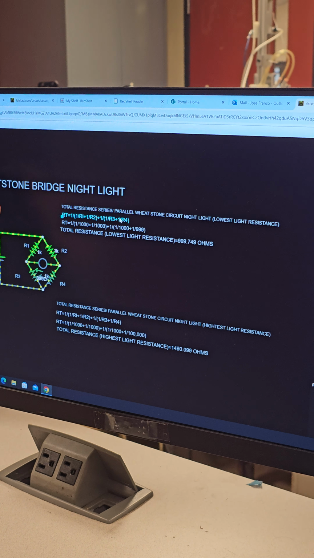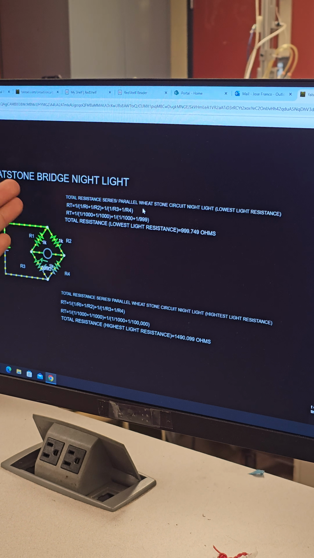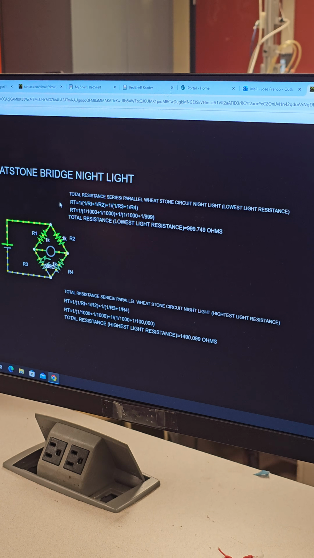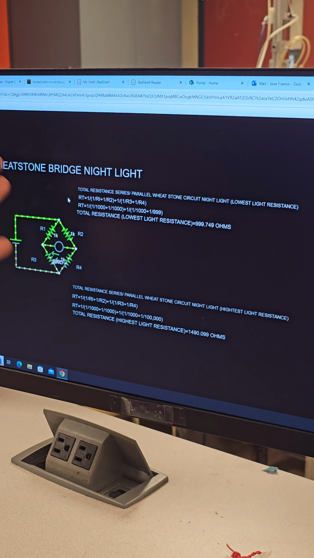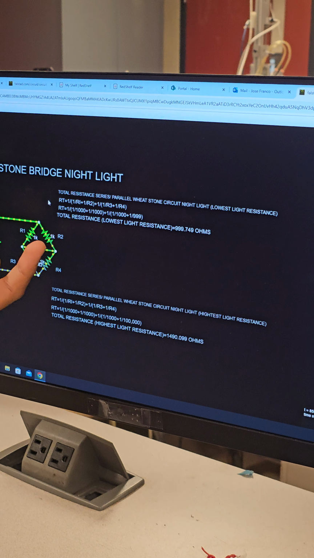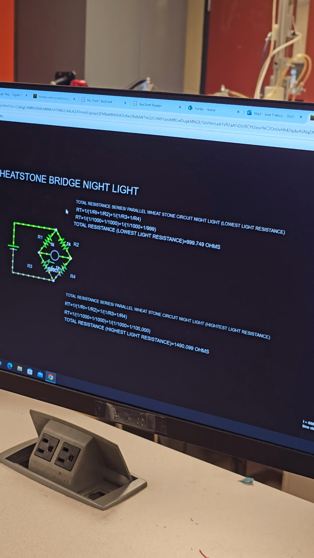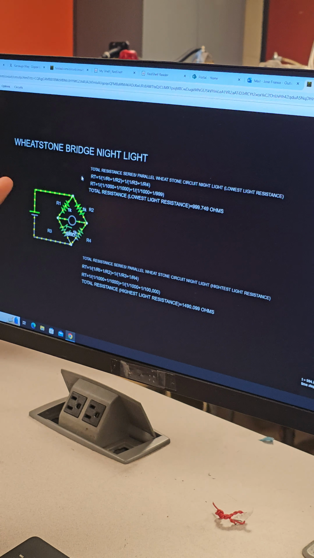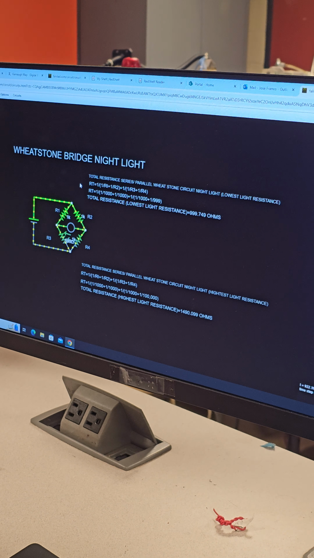Right here on the top side, we have it set up for the lowest. In order to find the resistance, it's kind of tricky because you have to do 2 separate parallel circuit resistance calculations in 2 separate sections, because they're connected, but they're technically not.